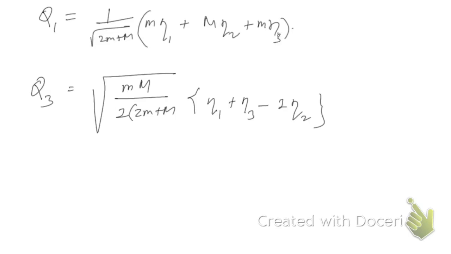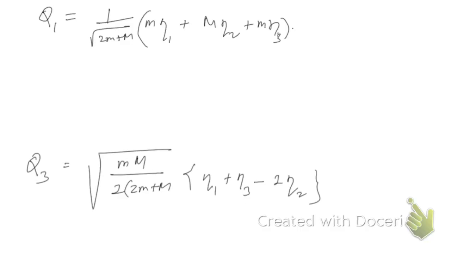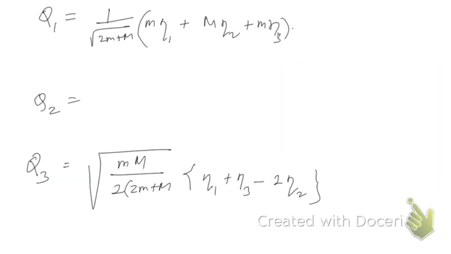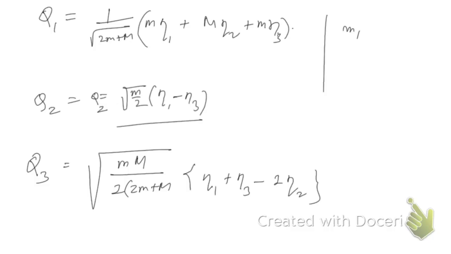Similarly let me write q2. We had got this here, so let me copy q2. So here is q2, and we know that m1 is equal to m, m2 is equal to twice m, and m3 is also equal to m.